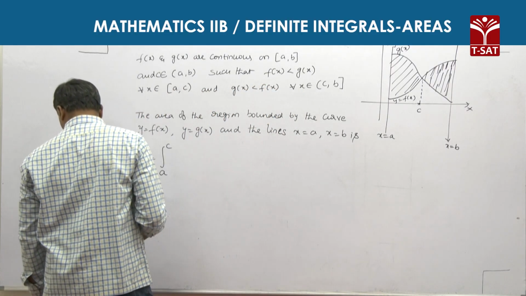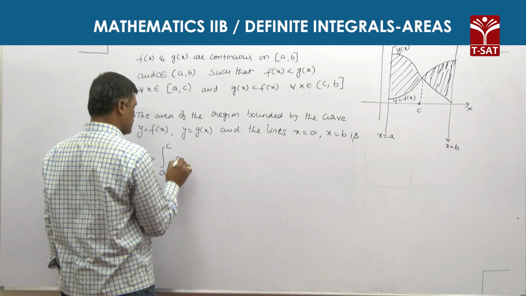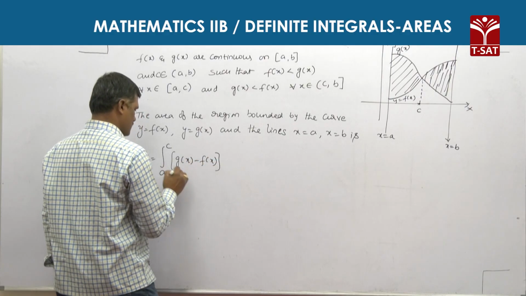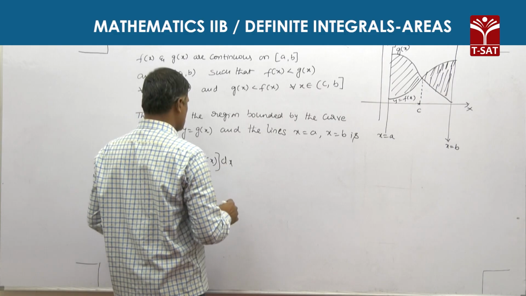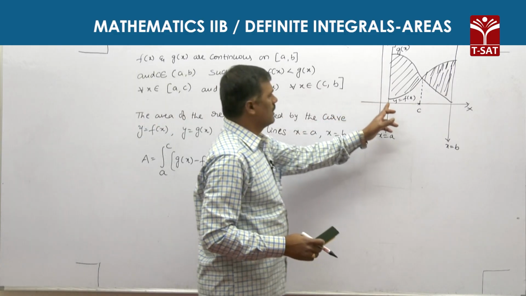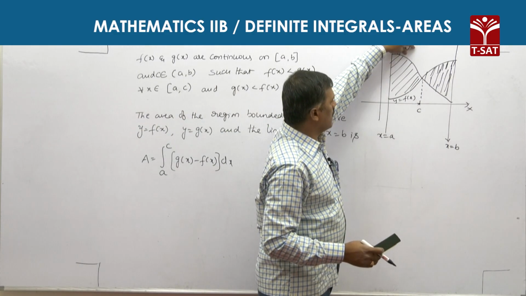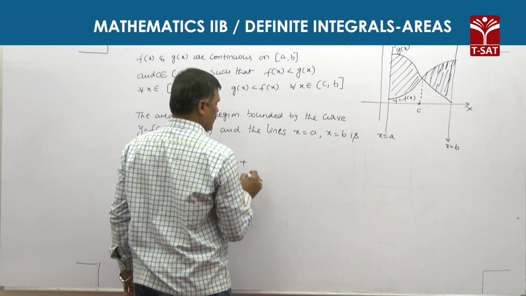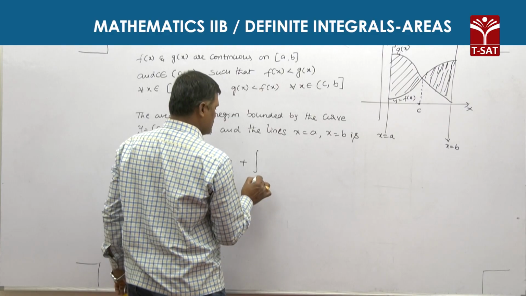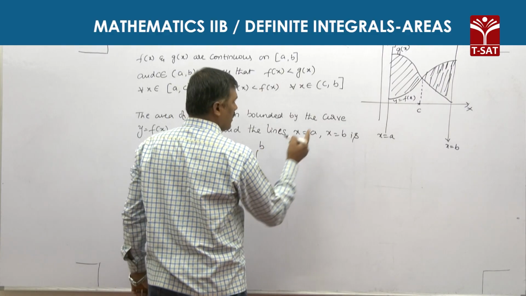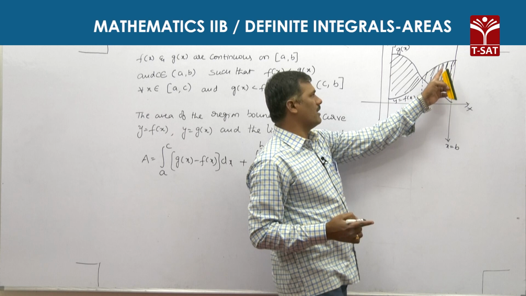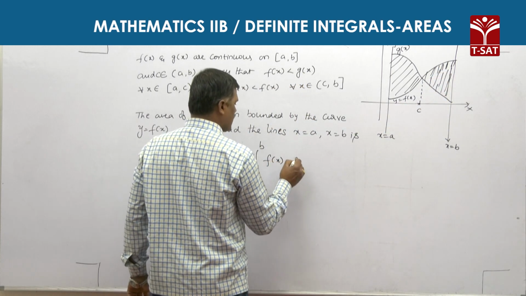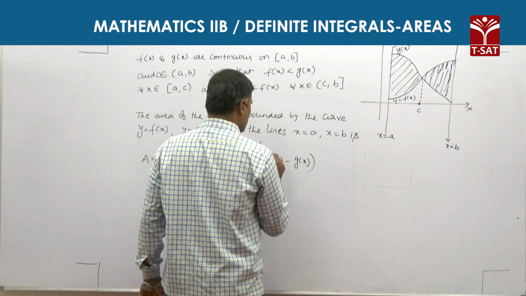Therefore, area is equal to the integral from a to c of g of x minus f of x dx. First part, a to c: upper curve minus lower curve into dx, plus the integral of c to b. Next, the upper curve is f of x and the lower curve is g of x, so f of x minus g of x into dx.